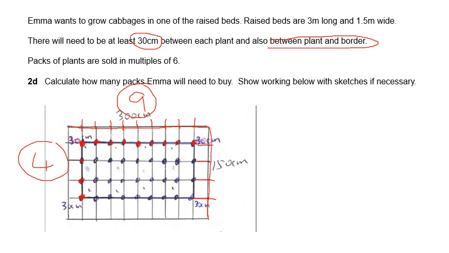Now at this stage, you can do 2 things. You can start drawing in all these cabbage plants again and then count them all individually, or you can just realize that you have 9 rows of 4 plants, or 4 rows of 9 plants, whatever way you want to look at it. So you times the 9 and the 4, which comes to 36. So you need 36 plants altogether.